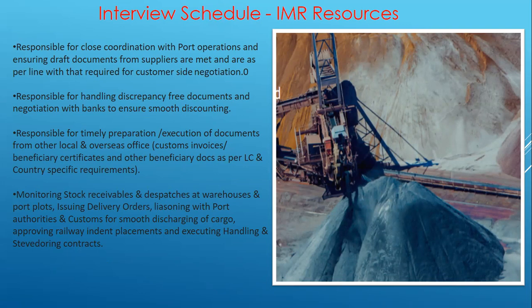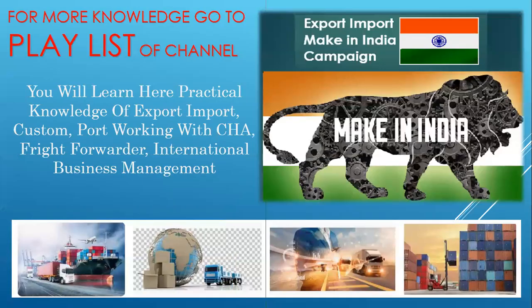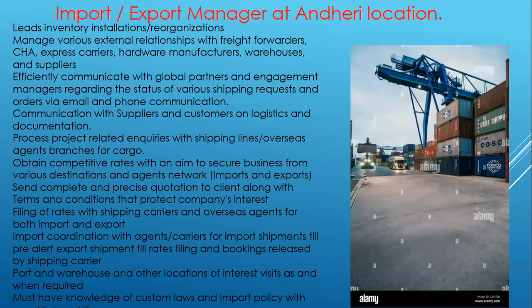The CHA and freight forwarder will also tell us that the next vessel is on this date and for this vessel the freight charges will be this. With these details shared by the CHA, as per the urgency of the cargo we can book the shipment. Then we also intimate our supplier.